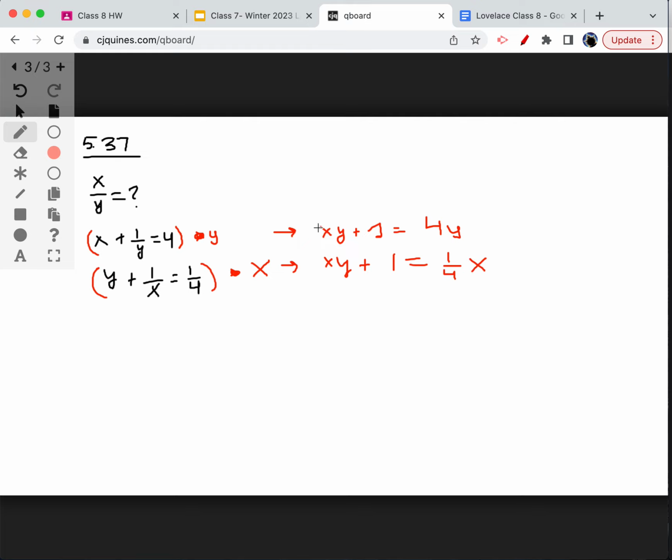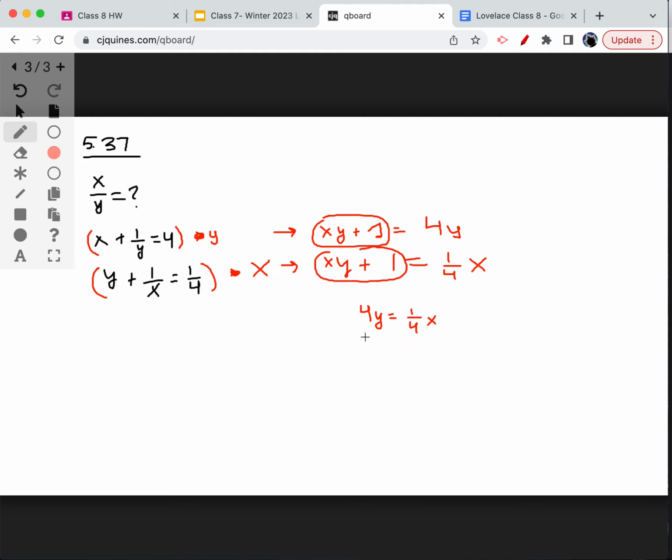So notice that we have xy plus 1 here, and we have xy plus 1 here. So we know that xy plus 1 is equal to 4y, but xy plus 1 is also equal to 1/4 x. So this just means that 4y is equal to 1/4 x.